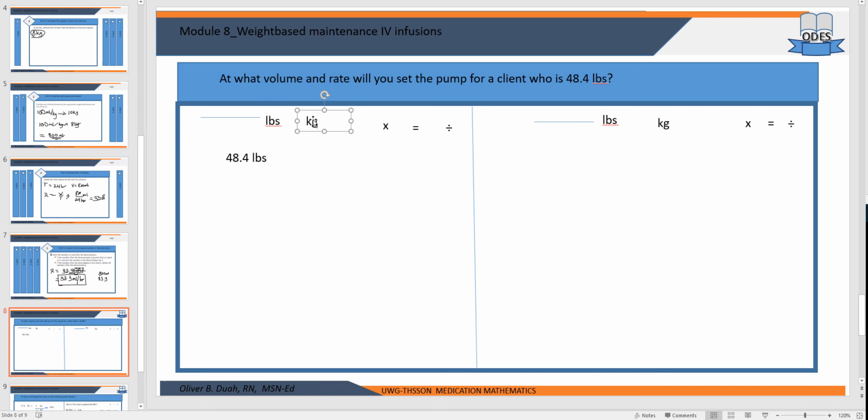and we want to convert this to kilograms, and so we are going to just divide this by 2.2 pounds. And then that should give us our weight in kilograms.